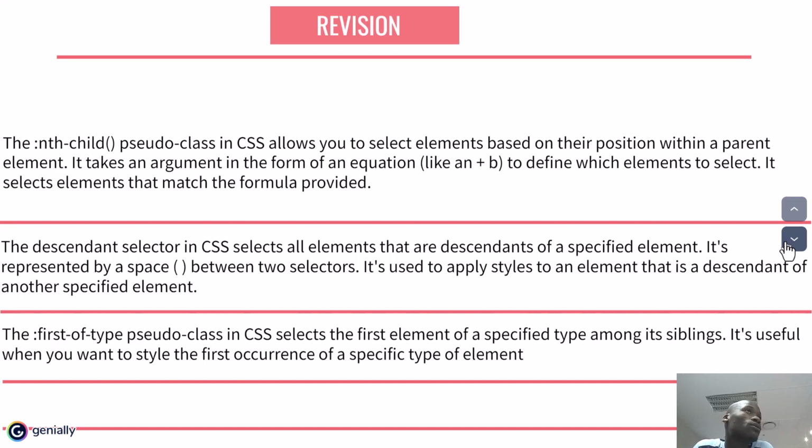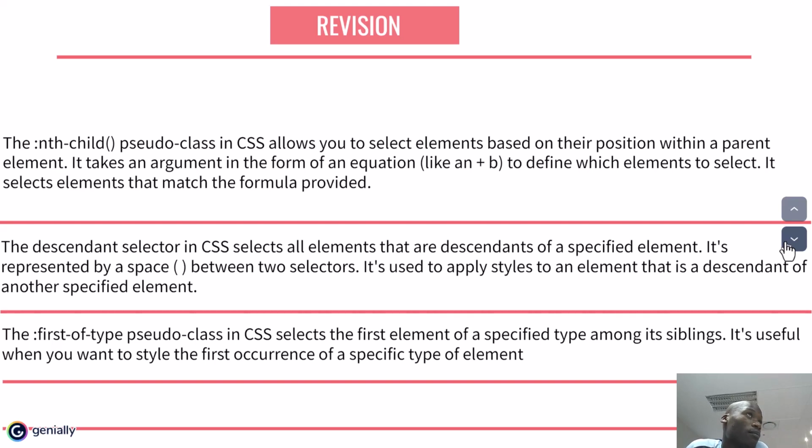So in order to use it, you use it on a container that has children. By children, I mean embedded or nested elements within the parent. So the nth-child will select a nested element within the parent, yes.